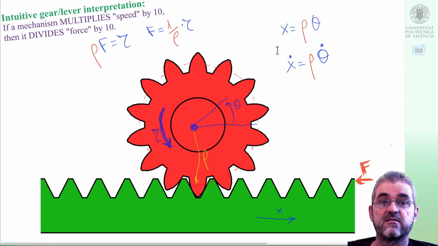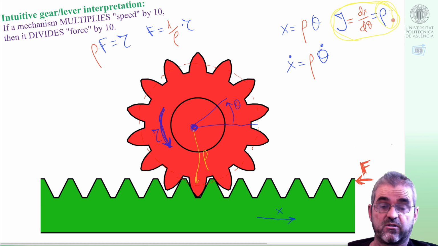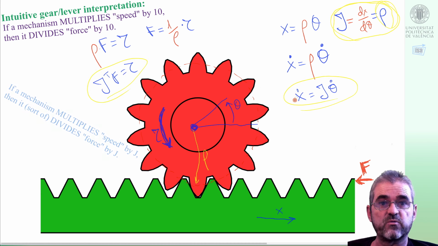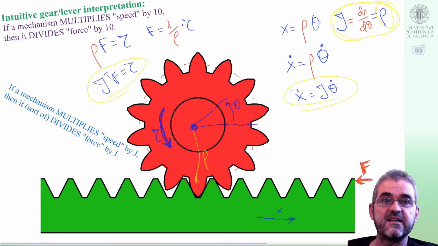This is well known, and in our generic discussions we spoke about Jacobians, but in this case, rho is the Jacobian, so this is the particularization of these identities with the Jacobian in a generic mechanism, in which instead of having just a number as a Jacobian, which would be the gear ratio, well, in a generic mechanism like a robotic manipulator, then Jacobian is a matrix.